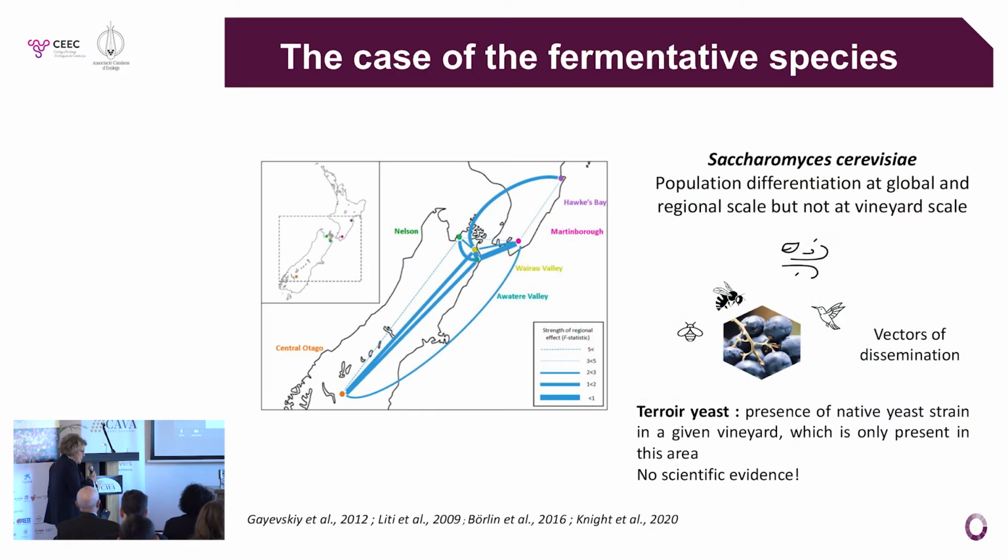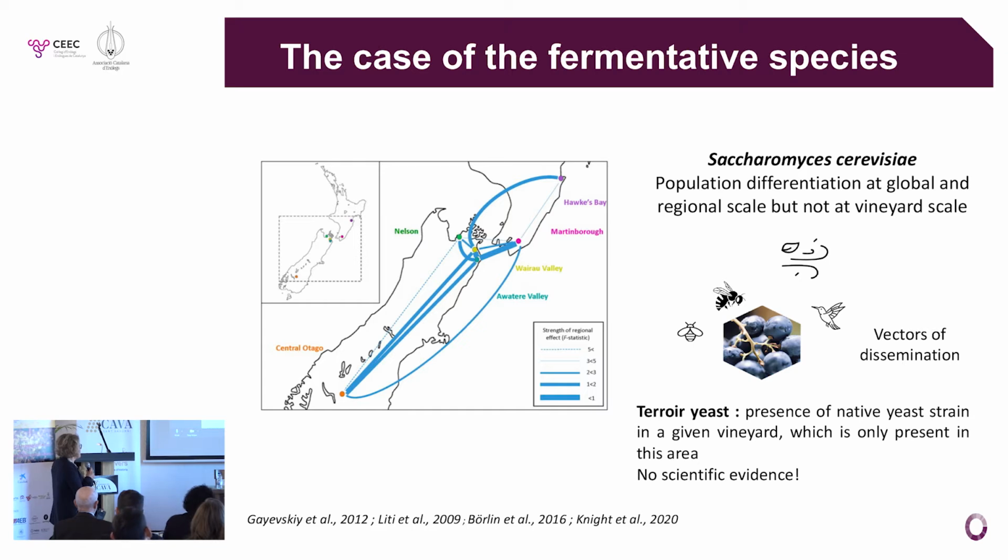So those results concern the study of microbiota at the community level, so considering a whole assembly of different microorganisms. We can also study microbial biogeography at the population level, that is to say, considering only one key species. It was done for, of course, this very important species for the winemaking process, Saccharomyces cerevisiae.